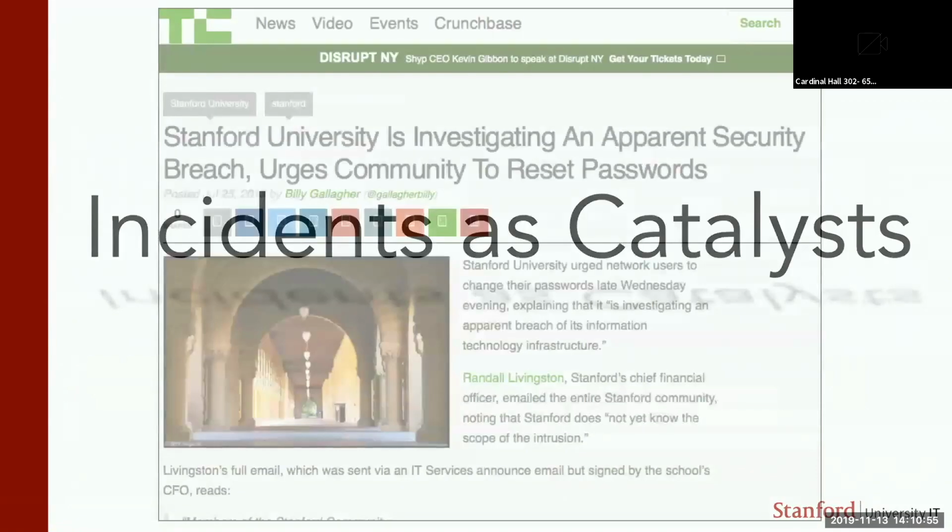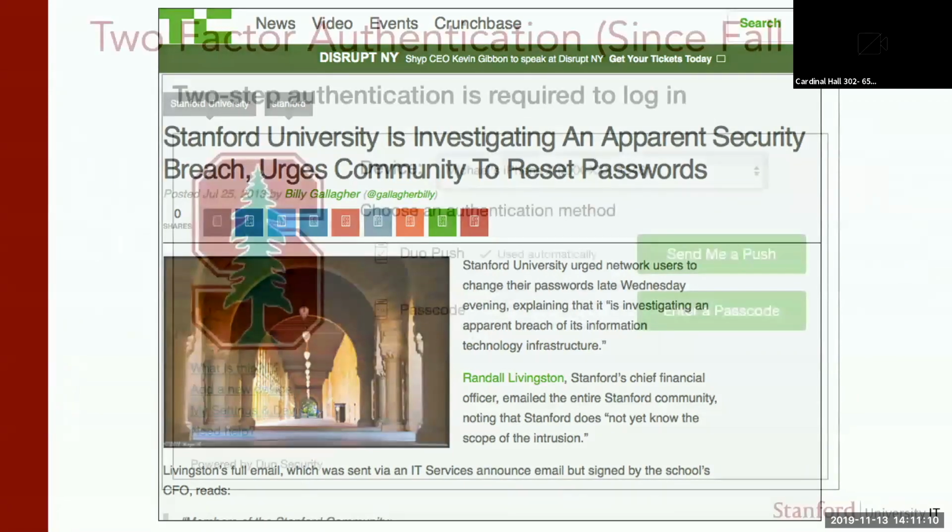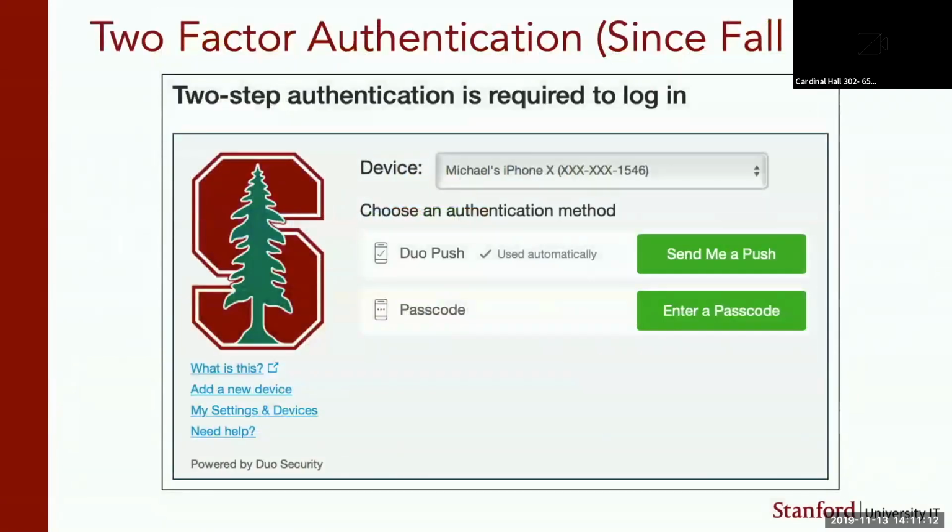For instance, in 2013, we had a major breach that really compromised our core authentication infrastructure. And what that led to was, even though we already had two-factor as an option, it led to us requiring two-factor for everyone with no exceptions.